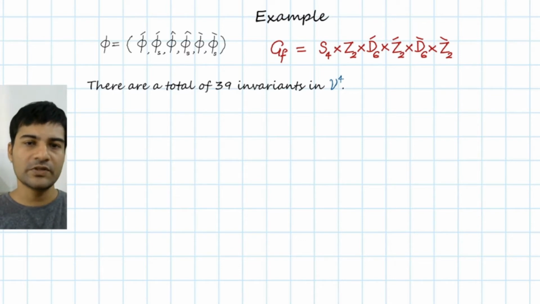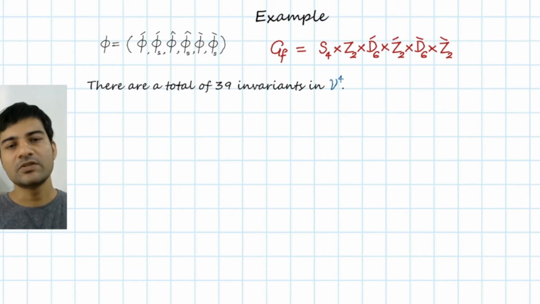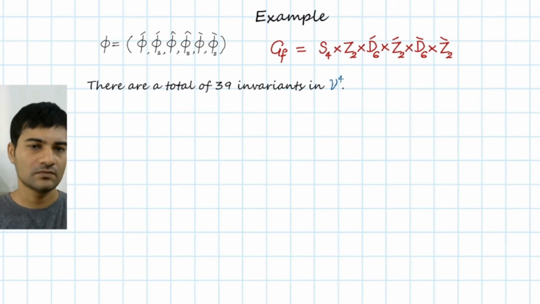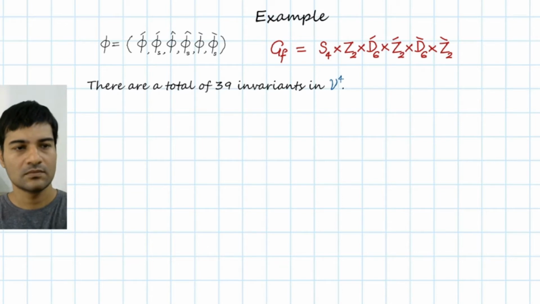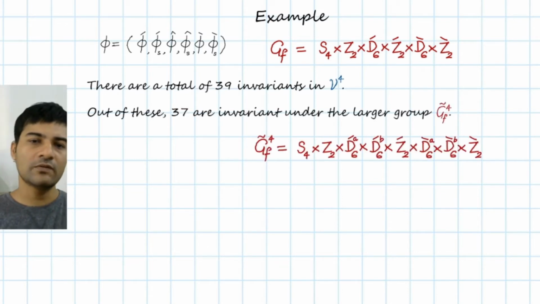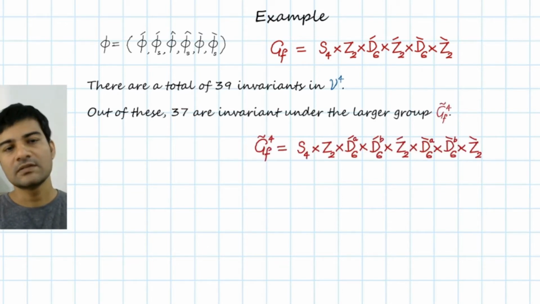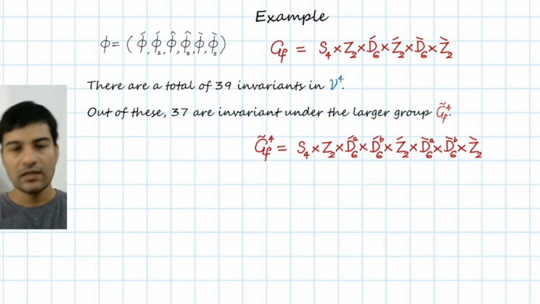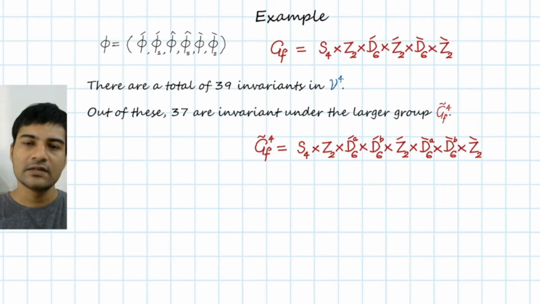In the rest of this video, I will show that the three assumptions that I introduced in the previous video will be satisfied for this potential V4. So out of these 39 invariants, 37 are invariant under the larger group G tilde F4.